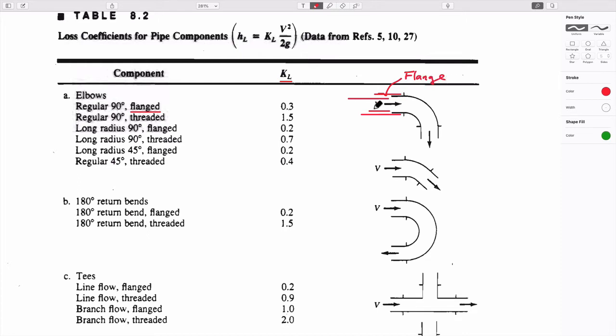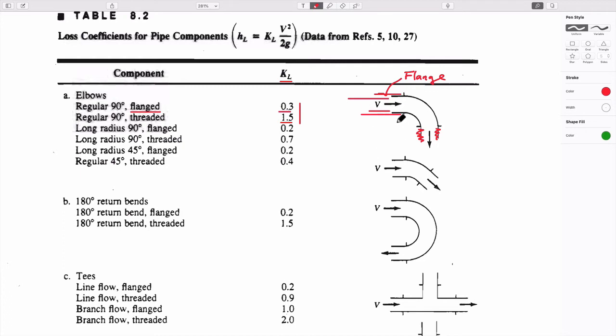And so for a flange, you'd expect that it's the smoothest transition into the fitting, and the fact that it's going around a 90-degree bend gives you some loss. That loss is larger for a threaded fitting than it is for a flange fitting, just because of the roughness that you'd expect to see at the inlet and outlet of that bend.